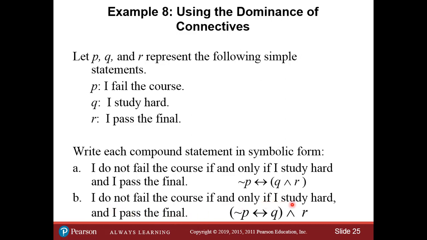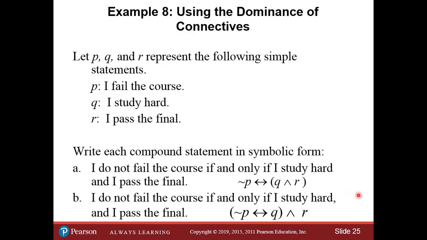So now notice the comma. Here's the comma. It says I do not fail the course if and only if I study hard. So that means the if and only if is going to be grouped together in this case.